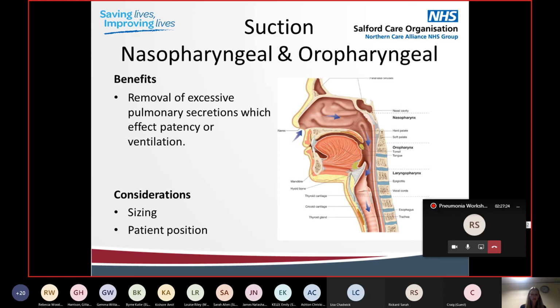I think the two things to mention here are the sizing of the tubing. We are looking for length rather than width. It's important to look at the distance from the nares down to the epiglottis, and the airway should sit approximately 10 millimeters above that. If it is too short, it won't separate the soft palate from the pharynx, and if it's too long, it can pass into the larynx and potentially aggravate cough and gag reflex.